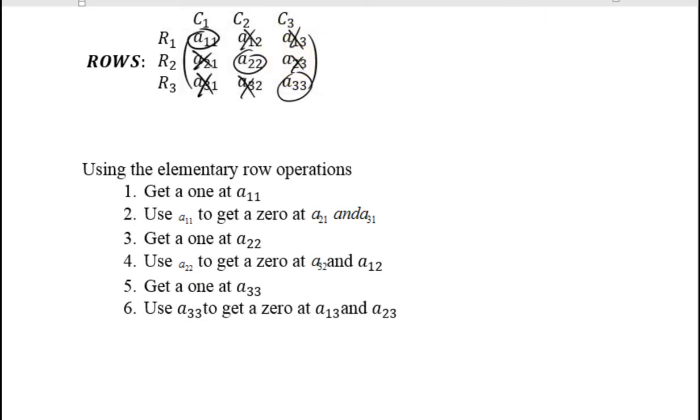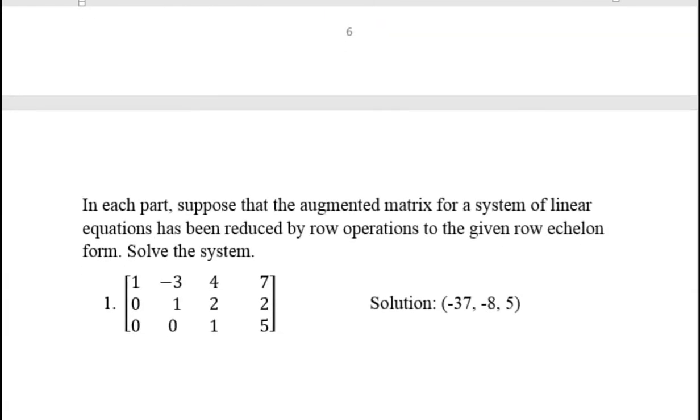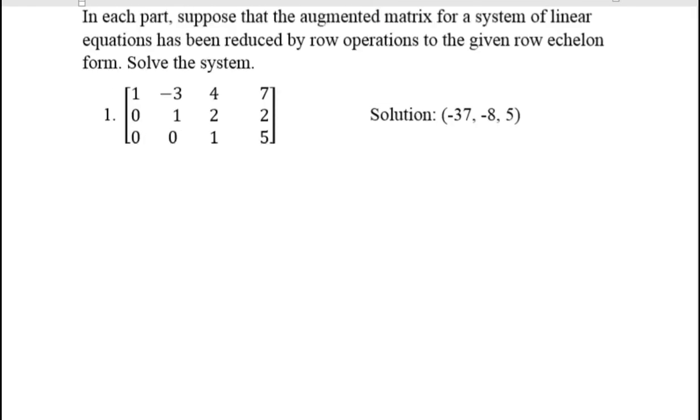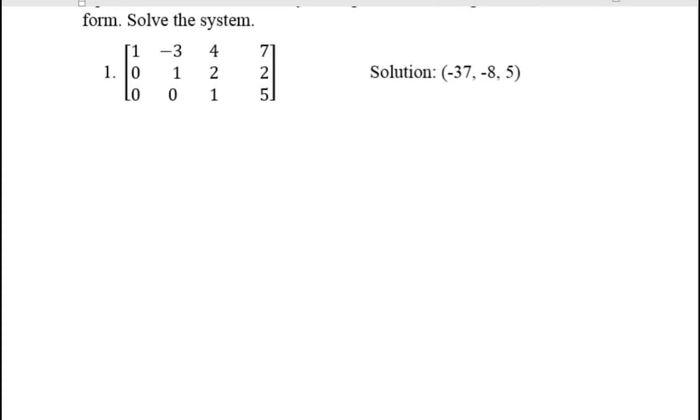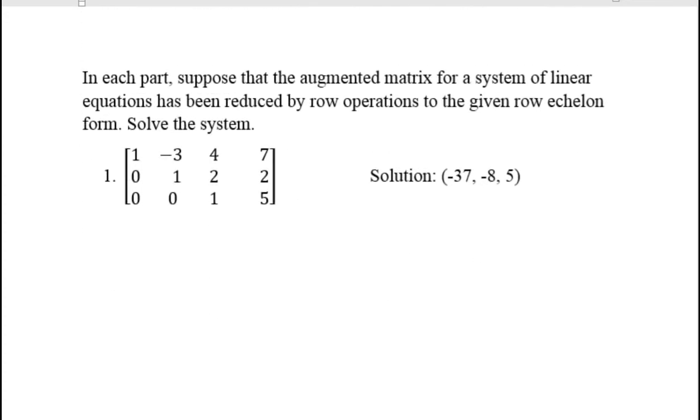Let's see. Here in each part, suppose that the augmented matrix, what does that mean, augmented? It's a line there, right? Has been reduced by row operations to the given row echelon form. Here, solve the system. I'm going to finish solving.